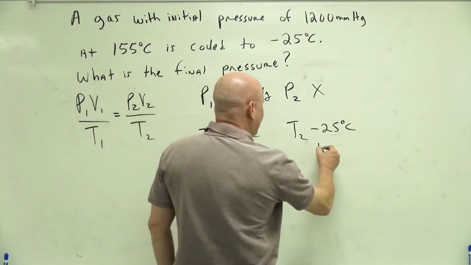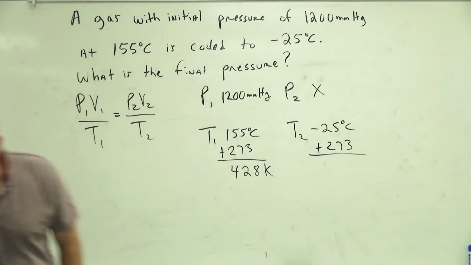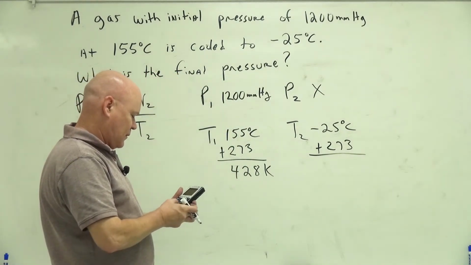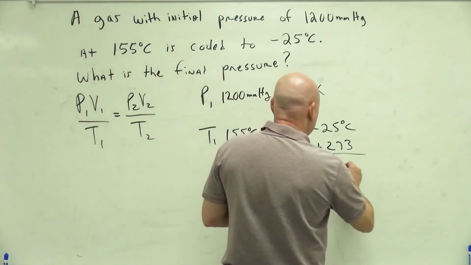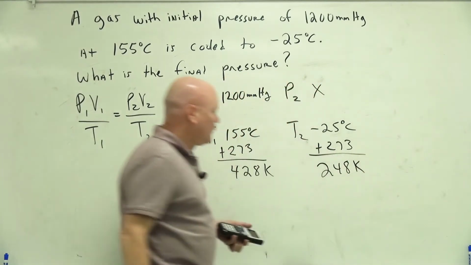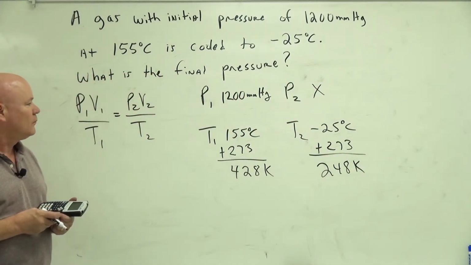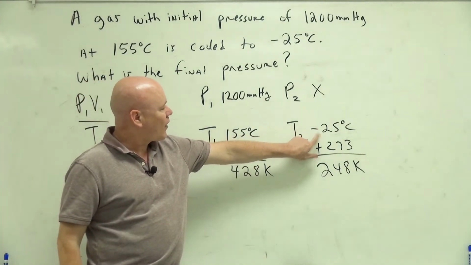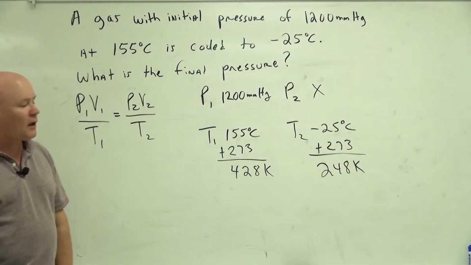And we'd have to add 273 here, and that would be 273 minus 25. Safer to use a calculator, and that's 248 Kelvin. So there are my temperatures. They are now in Kelvin. Pay attention to the minus sign there. That means subtract. So 273 minus 25 gives me 248 Kelvin.